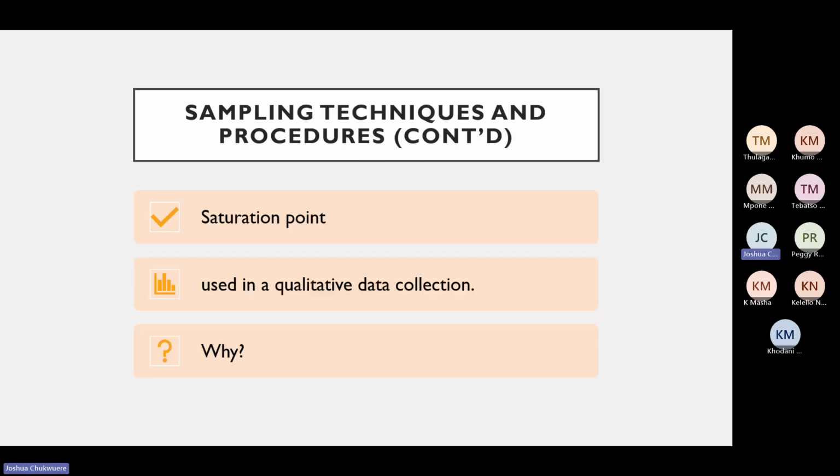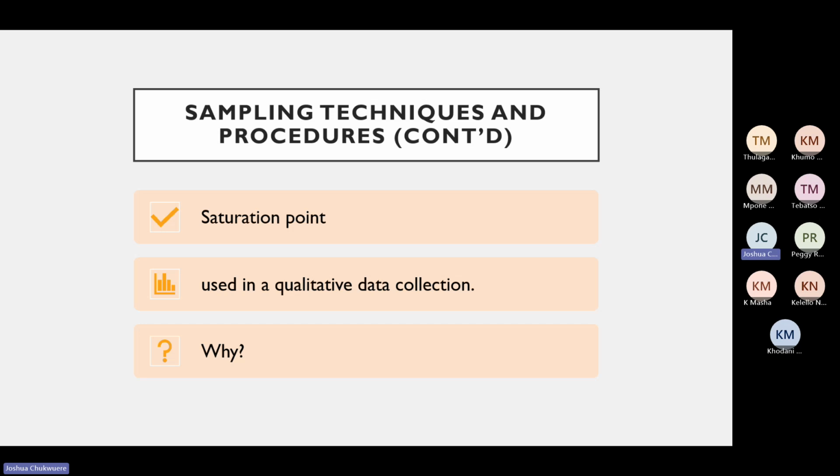So also, I talked about the saturation part because most of this I talked about before now. Remember, your probability and non-probability sampling: probability is mostly used in a quantitative study, while non-probability is mostly used in your qualitative study.